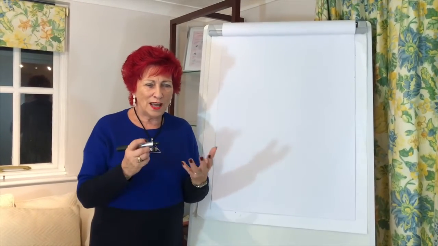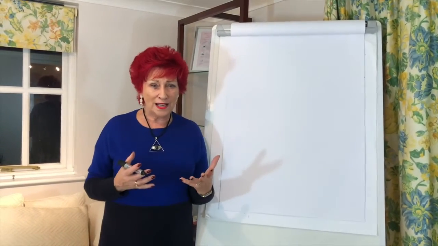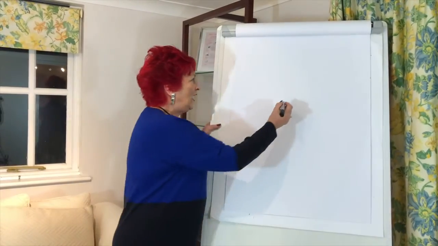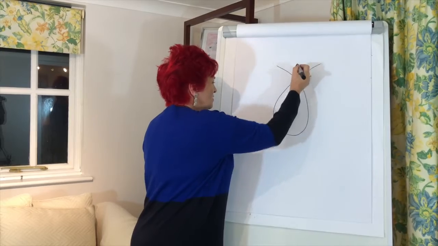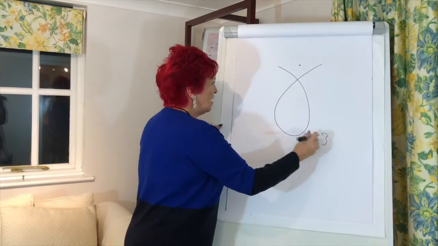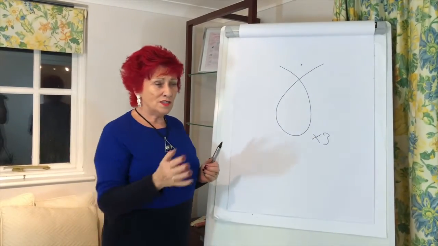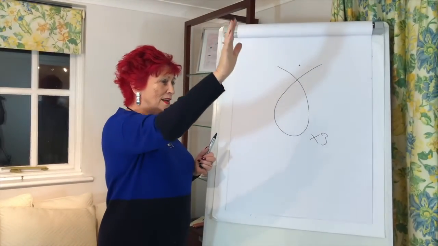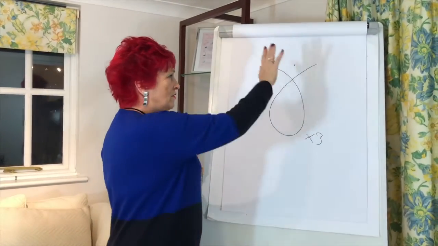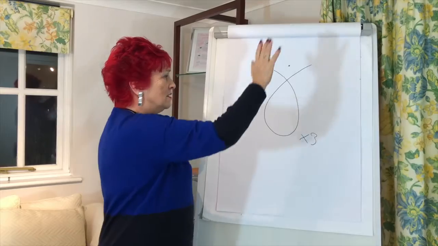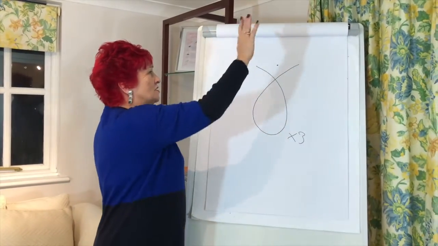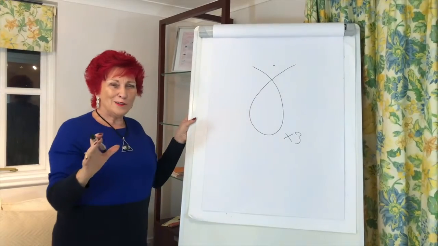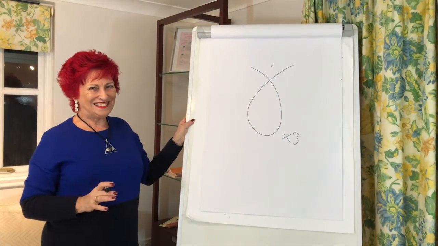So to get this energy flowing, you draw this symbol, and you draw it 3 times. Once, twice, 3 times. And if I'm drawing it over somebody, I start from the right hand side and I draw it over to the left and the dot. 1, 2, 3, 4. And I'm invoking the energies of love right now.